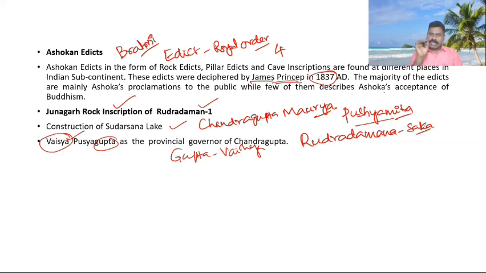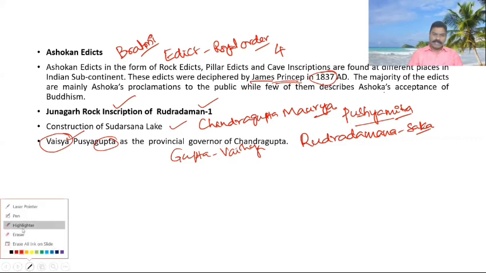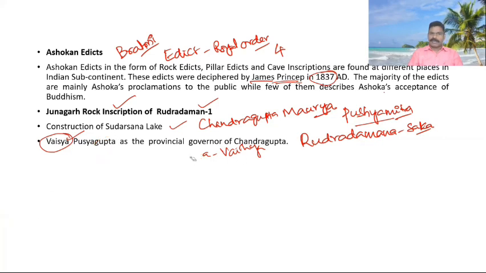According to the Junagadh rock inscription, Chandragupta Maurya originated from the Vaishya clan. That was the information we get from the Junagadh rock inscription, and that lake was repaired by Rudradaman.